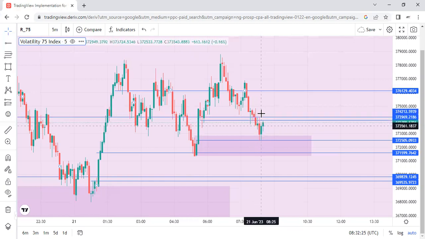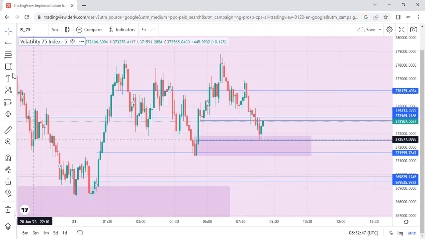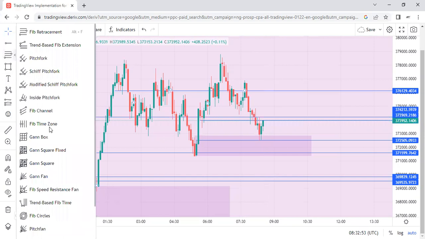Once it's closed above it, then we expect market to come back and retest either a fair value gap or this same order block again. This is what we expect market to do, to either give us a fair value gap or another order block.